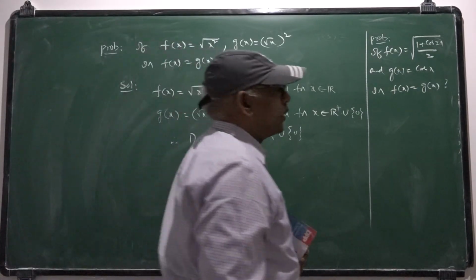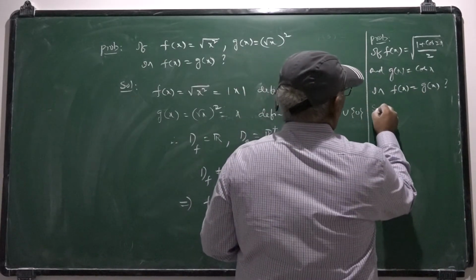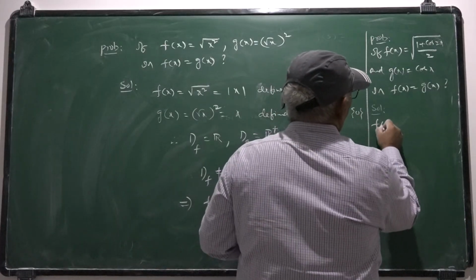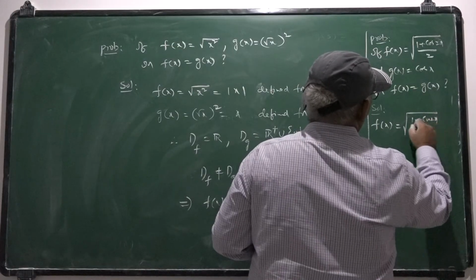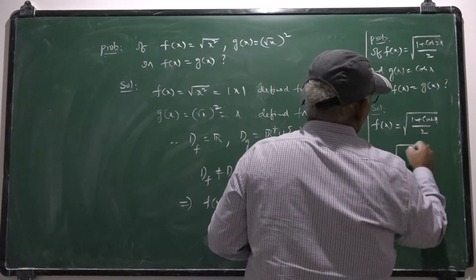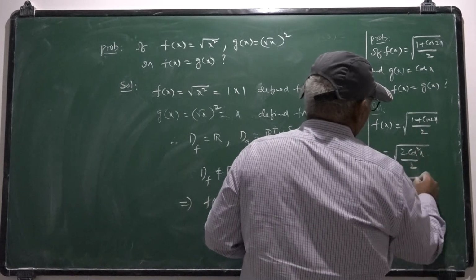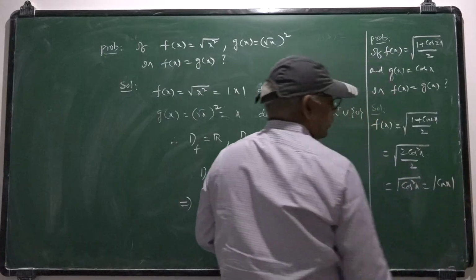Two functions are said to be equal once their domains are equal and ranges are equal. Hence, let us consider the domains of the function. Here f(x) is square root of 1 plus cos 2x by 2, means square root of 2 cos square x by 2. That is square root of cos square x, which is mod cos x.